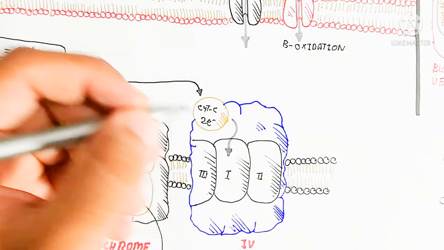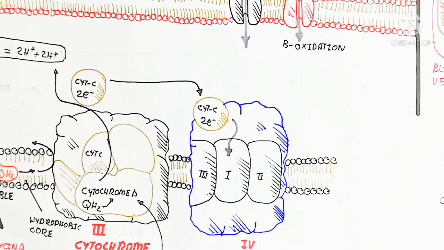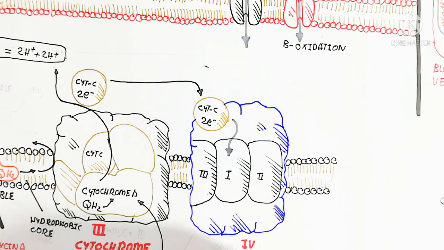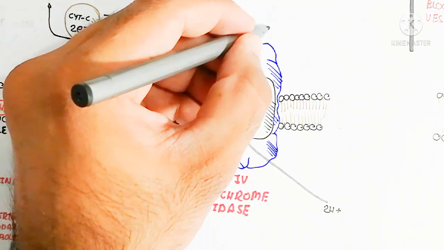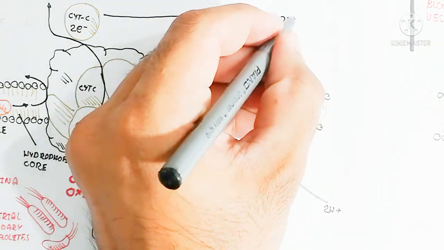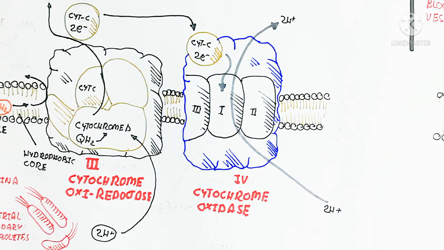So in this phase the cytochrome C, carrier of the 2 electrons, will donate to complex 4. Basically complex 4 contains 3 protein subunits, 1, 2, 3, and the donation of the 2 electrons into the complex monomer of one subunit pumps out the 2 protons. Why pump out 2 protons? Because the loss of energy is too much.